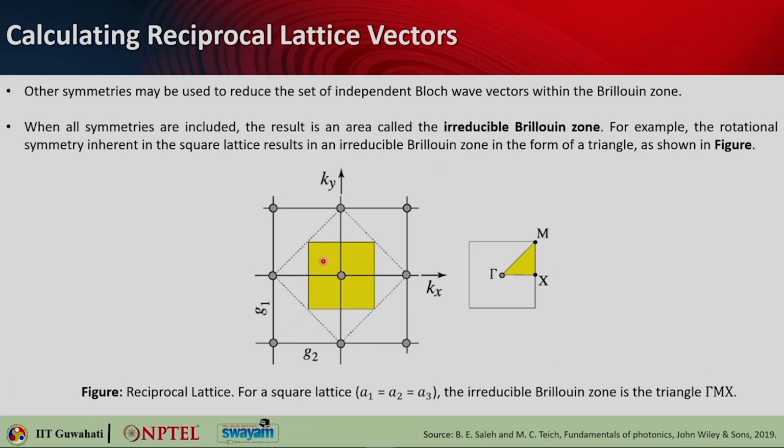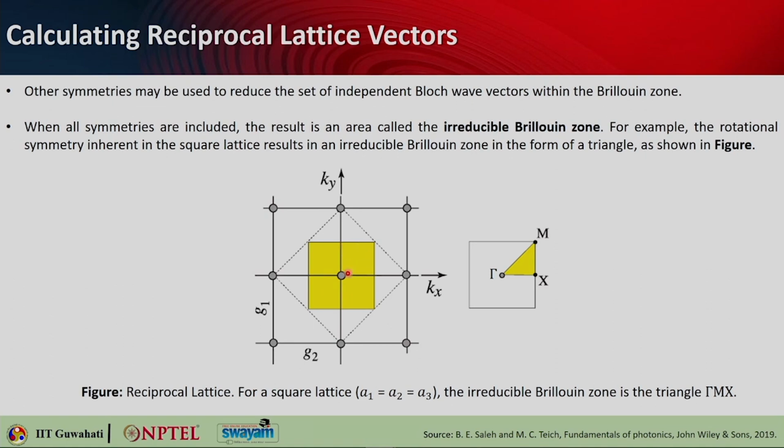We will take an example here. You can understand that this is basically a square kind of shape. Here you can look for rotational symmetry and mirror symmetry.